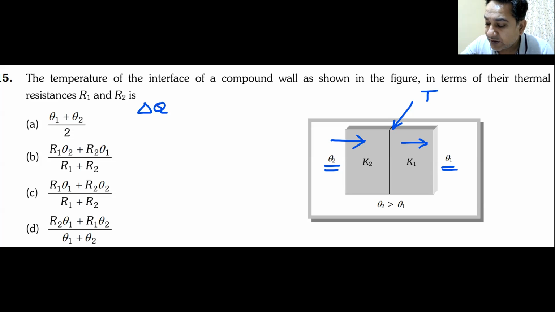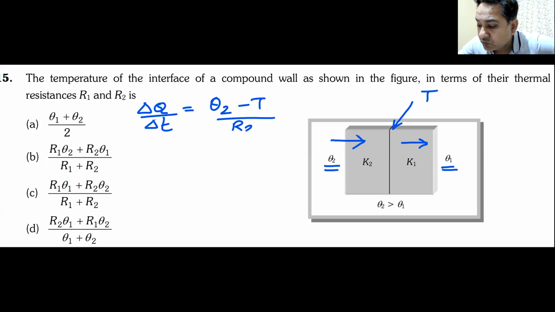Delta Q by delta T, the same thermal current. The thermal current in the first section, the left section, theta 2 minus T divided by R2, should be equal to the thermal current in the next section, T minus theta 1 divided by R1. Do we understand this? Yes or no?